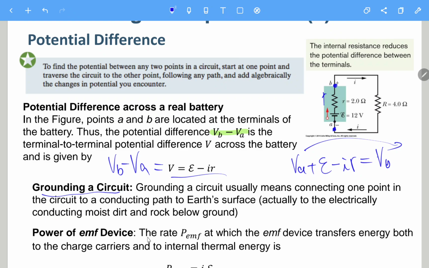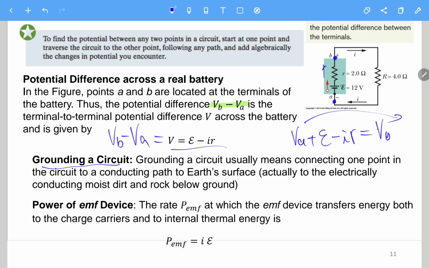Okay, power of the EMF device. For the power of the EMF, we have I times E. Before, we know the power consumption should be P equals IV. So E is actually a similar thing to the voltage.